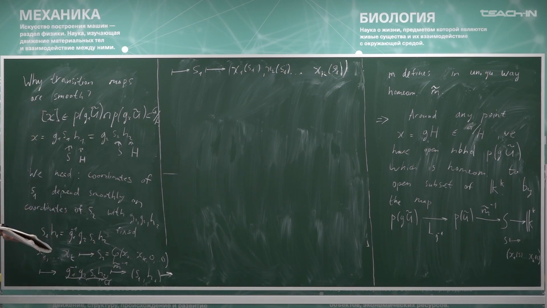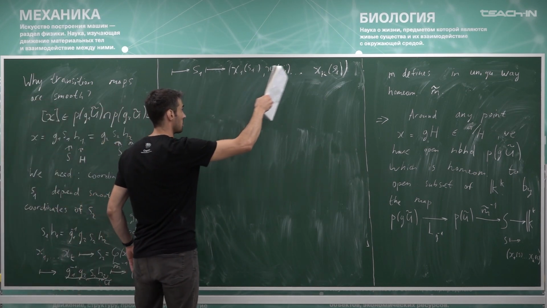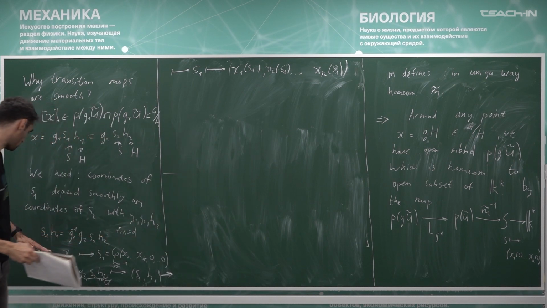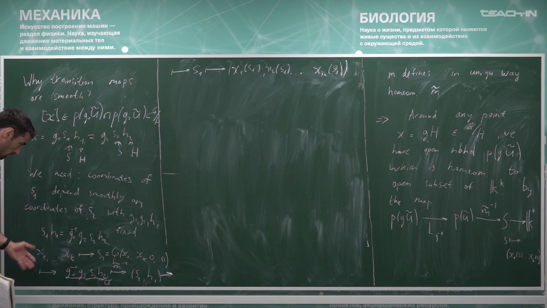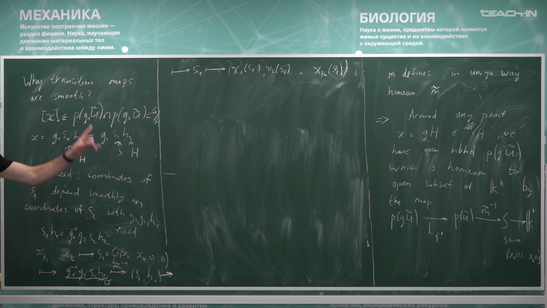What we need is that the numbers that we get here depend smoothly on the numbers that we started with. And indeed, it is so because all arrows here are smooth maps, just by the construction.